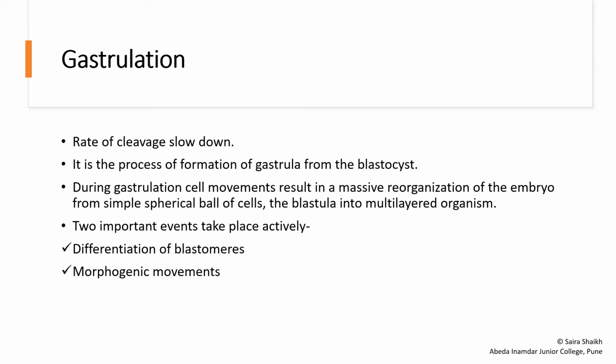During gastrulation, cell movement results in a massive reorganization of the embryo from a simple spherical ball of cells, the blastula, into a multi-layered organism. Two important events take place during gastrulation: differentiation of the blastomeres and the morphogenetic movements. So let us see what these movements are.